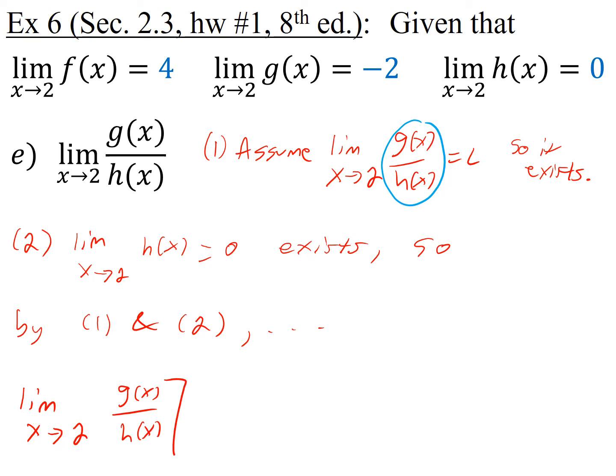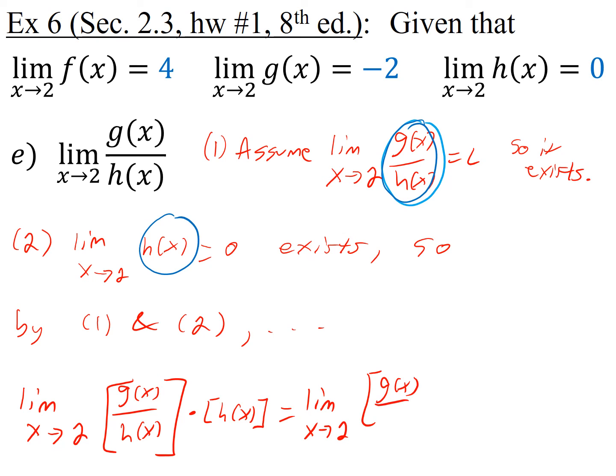We're thinking of that as one piece. So that limit exists. And then I'm going to multiply it by h, because when you multiply by h, you just get g. Okay, so since the limit of g over h exists, and the limit of h exists, we can use the product limit law on this, when we have g over h times h, and we get that this equals the limit as x goes to 2 of g of x over h of x times the limit as x goes to 2 of h of x.